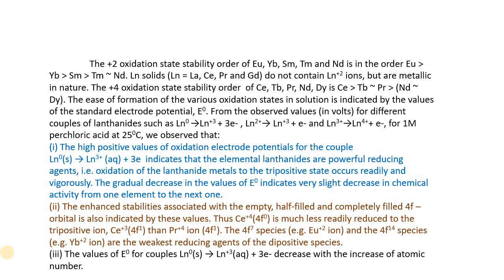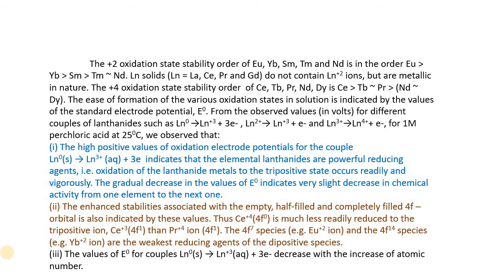Promethium has 4f1 as well. It means if a species has an unstable electronic configuration in 4f orbital, that is a partially filled orbital, such species are the weakest reducing agents, and the species which are the weakest reducing agents must be the highest oxidizing agents.